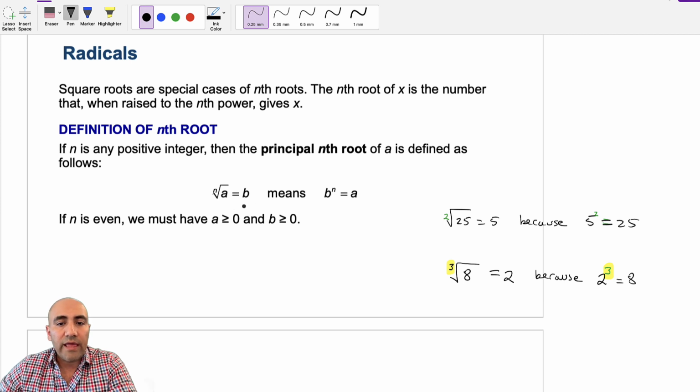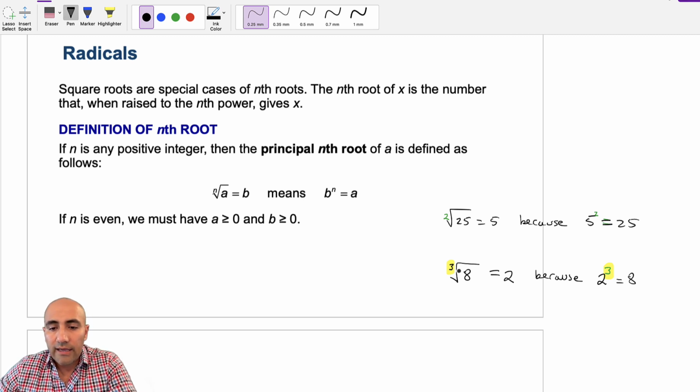So the principal nth root is defined as follows. The nth root of a equals b if and only if it's true that b raised to the nth power is equal to a. So if n is even, we must have a greater than or equal to 0 and b greater than or equal to 0. If n is odd, then we're allowed to have a negative, right?